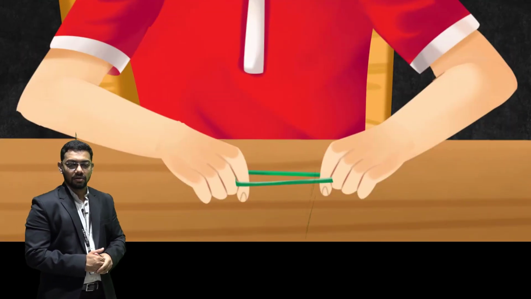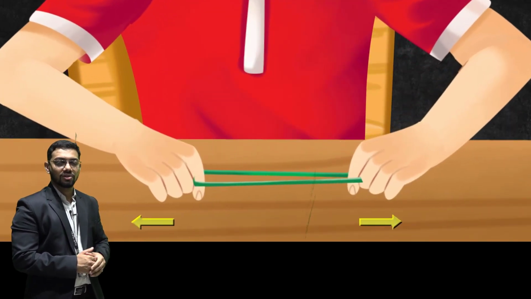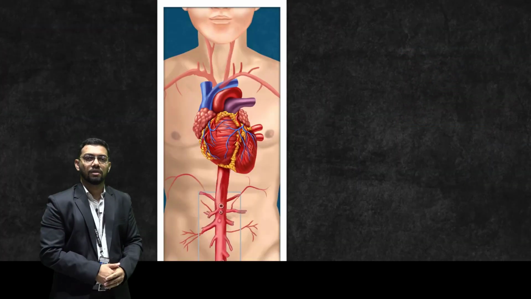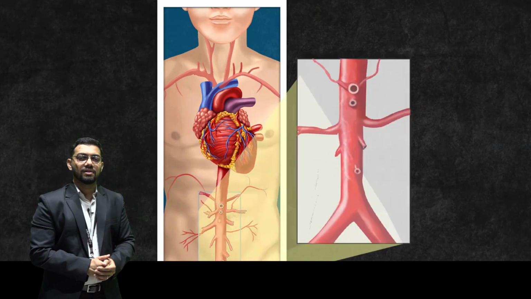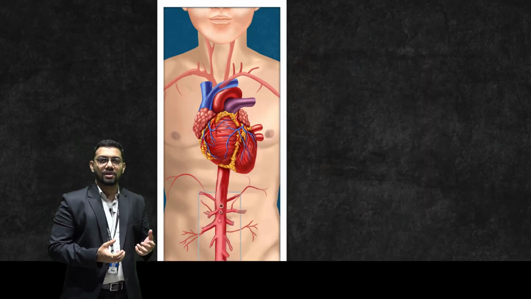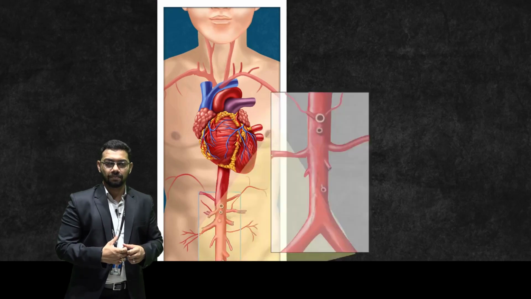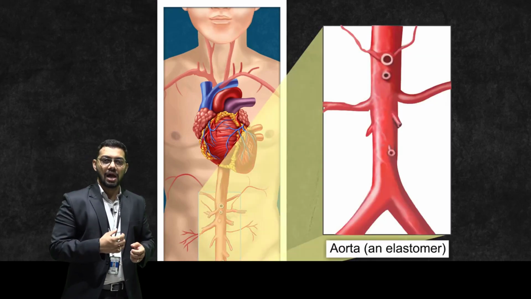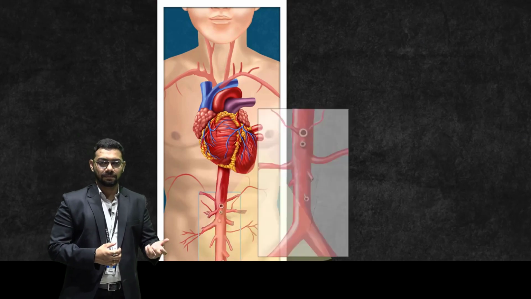Substances like rubber which can be stretched to cause large strain are called elastomers. Interestingly, there are many elastic substances present in our human body. For example, the aorta which is present in our heart is an elastomer.